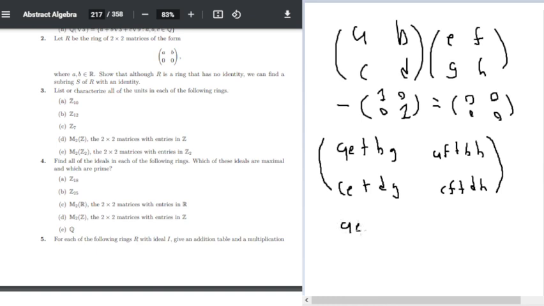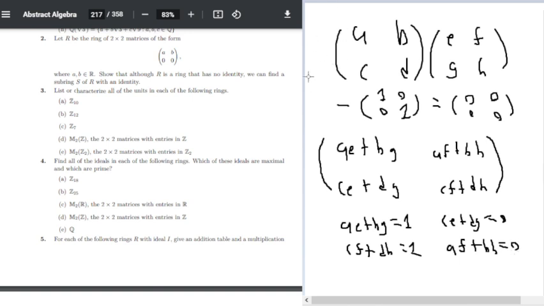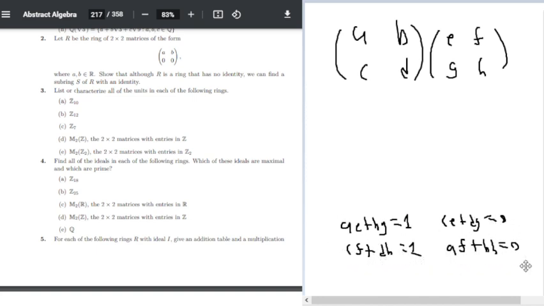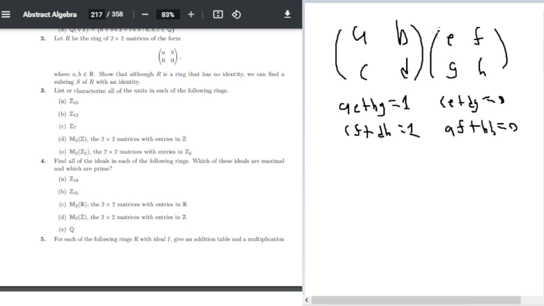So we have AE plus BG is equal to 1, we have that CF plus DH is equal to 1, we have that CE plus DG is equal to 0, and we have AF plus BH is equal to 0. And obviously these are symmetric, so alright.